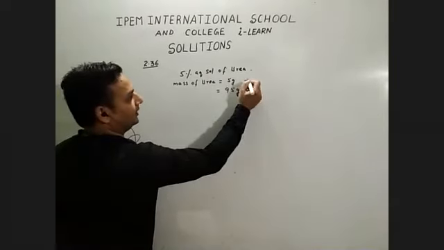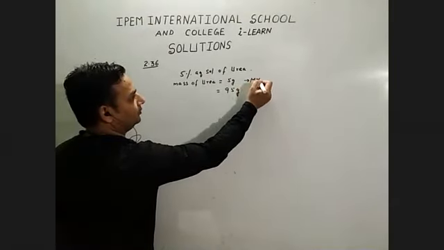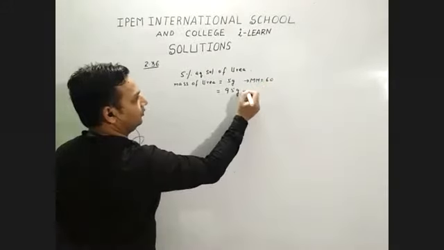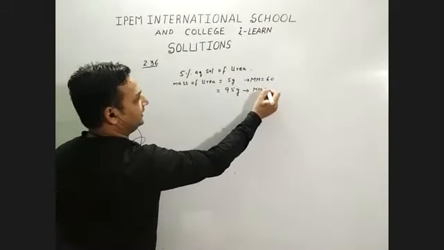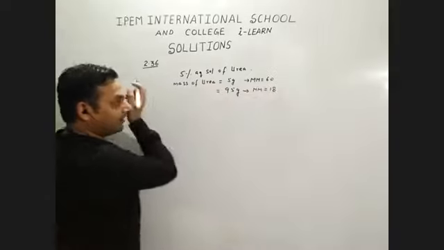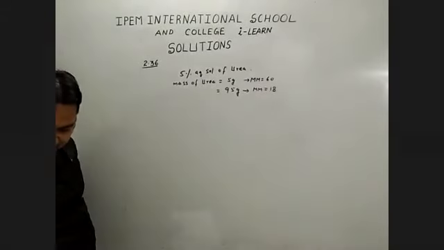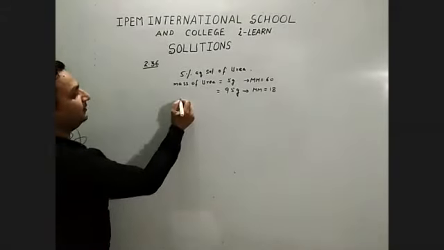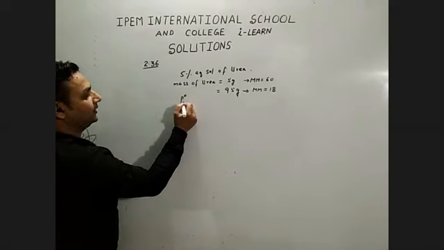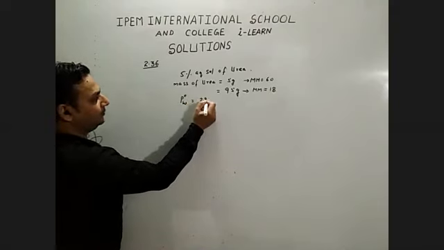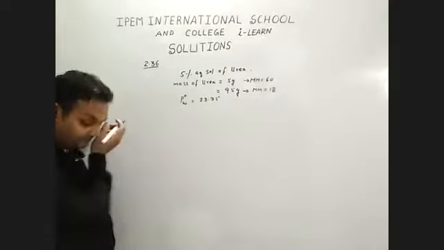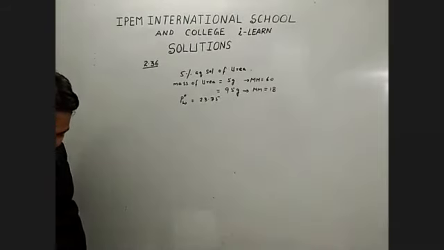The molecular mass of urea is 60, and water has molecular mass 18. Now water acts as a solvent, and its vapor pressure they have given: P naught of water is equal to 23.75.